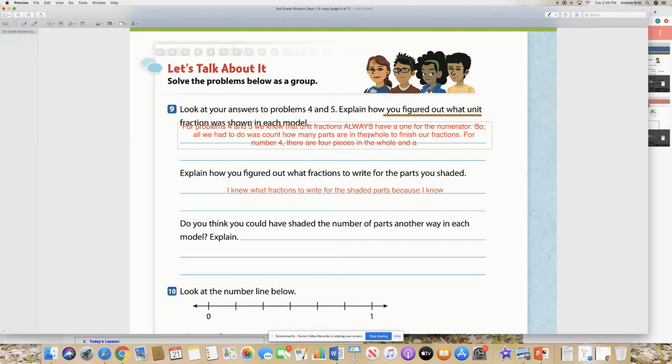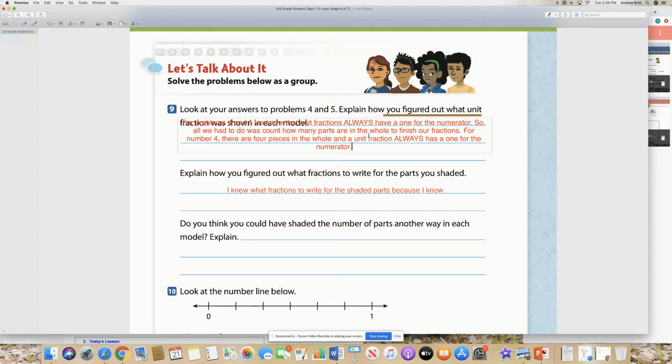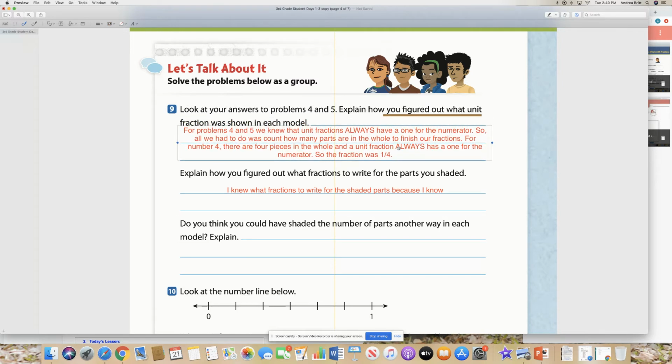And a unit fraction always has a 1 for the numerator. So the fraction was 1/4, period. All right, let's drag that down a little bit, get easier to see.